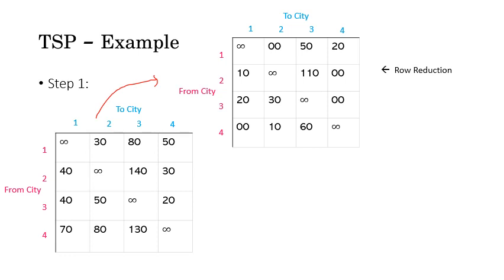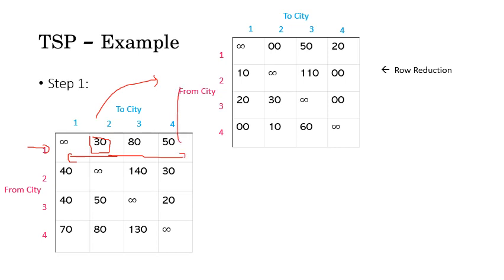To do the row reduction, what you have to do is consider a particular row, find out the minimum value cell, and then subtract that value from every other cell in that row. So for example, if we consider row 1, and then we find out the minimum entry in row 1, which is 30, and we subtract 30 from every cell in this row.